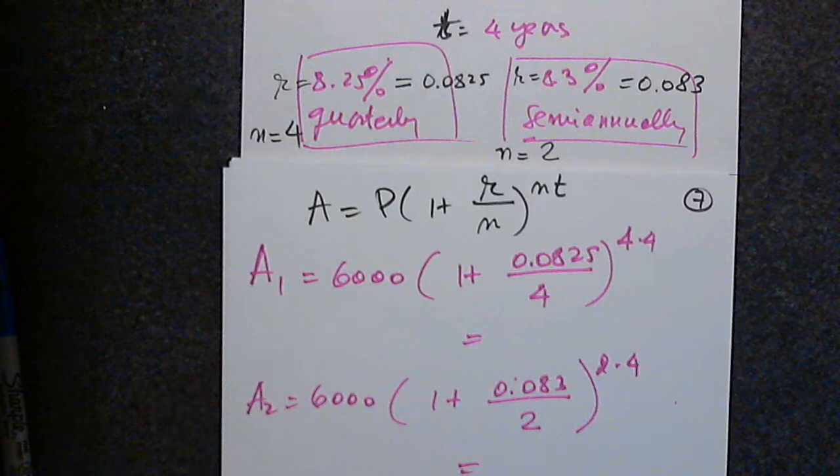I see now. So 6,000 parentheses 1 plus 0.0825 divided by 4. Close, power in parentheses 16 and press enter. Okay, I repeat the process, but this time I'm changing the numerator into 8.3.